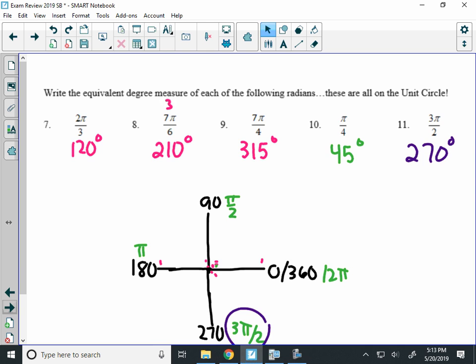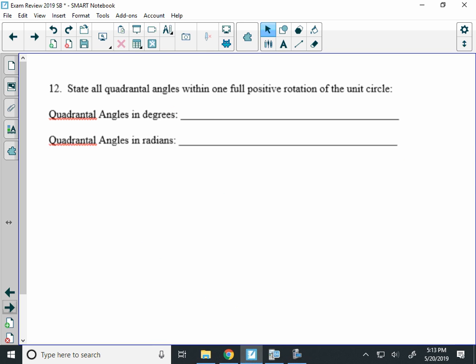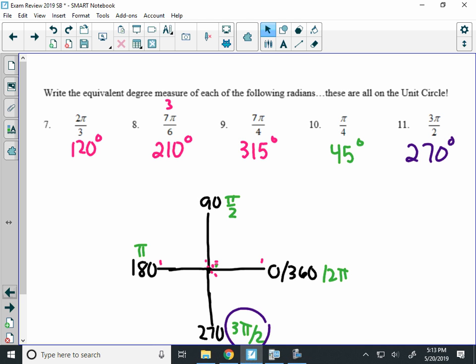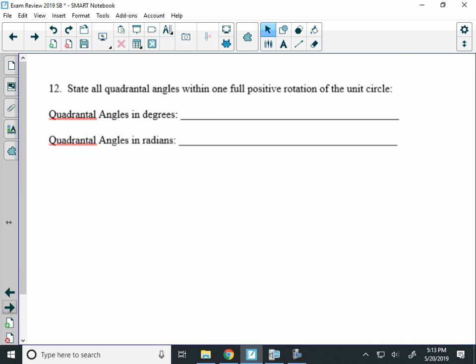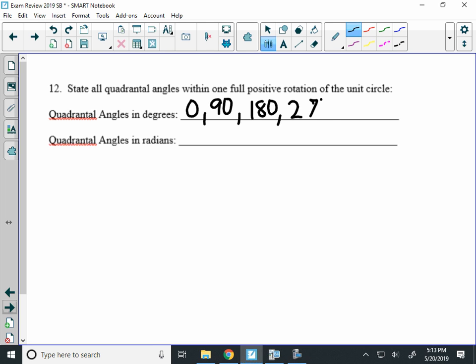All right, last couple. Number 12, we're going to state all of the quadrantal angles in degrees and in radians. That's actually what we just had on our picture. So the degrees would be 0, 90, 180, 270, and 360. You should know that all those multiples of 90 are your quadrantal angles.